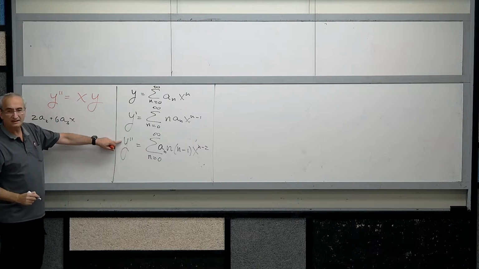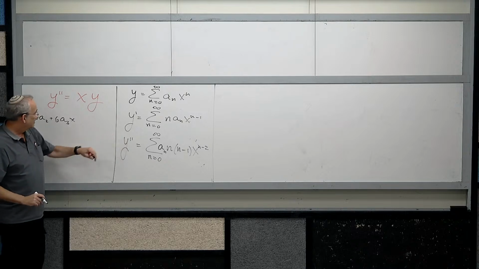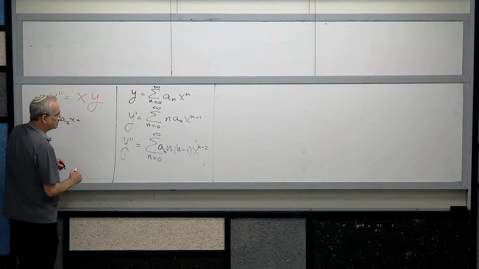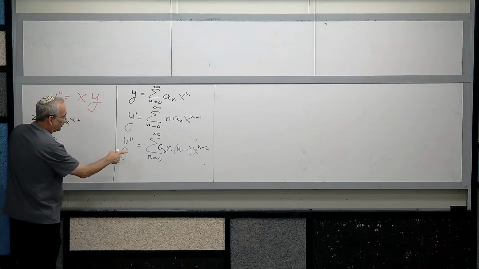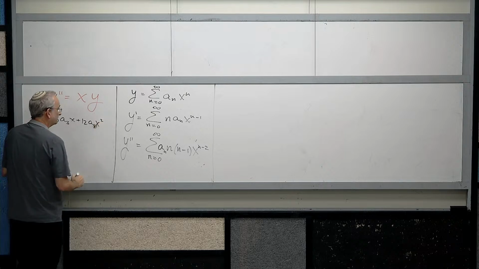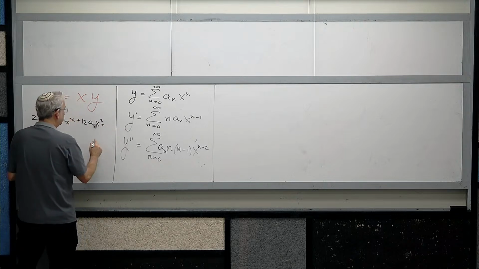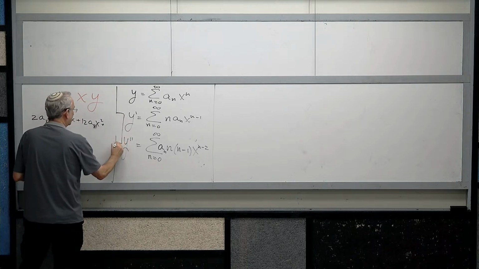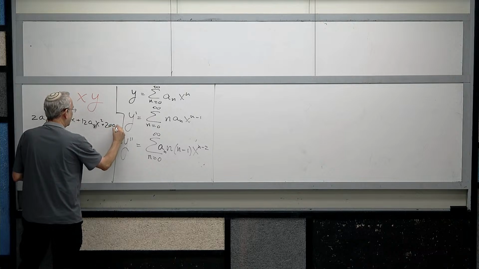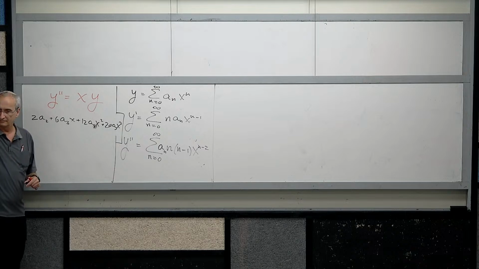You see, I'm just writing the first few terms in this expression. Why? Just to train myself. And what is the next term? n equals 4, so 4 times 3, so it's 12 a4 x squared. Plus, what's the next term? 20 a5 x cubed. Blah, blah, blah, and this series continues for good.